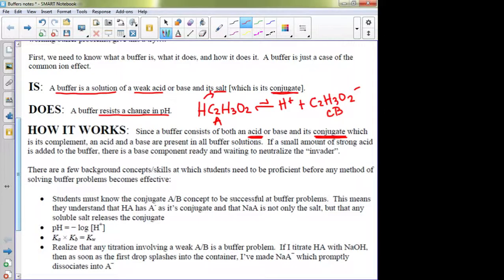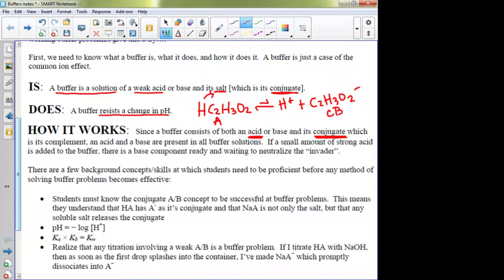So every time I add something, I've got an acid to negate the base, and I've got a conjugate base to negate the acid. So what's happening is no matter what I add, my pH is not what? It's not changing. Does that make sense? Everybody see this?